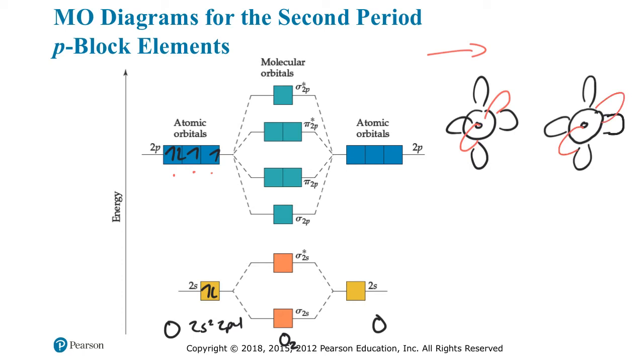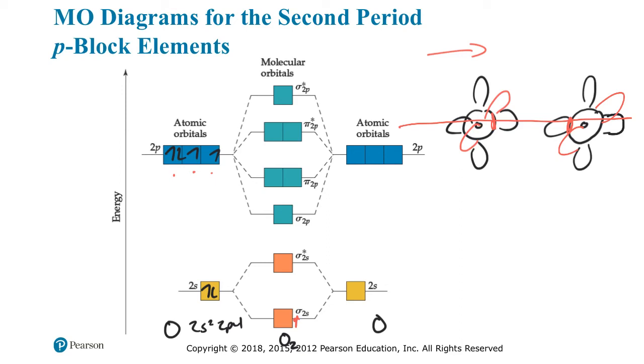Okay, so think about the overlap that we get. The 2s orbitals are going to overlap in that sigma type sense along the bond axis. So the oxygens are coming together, their nuclei are coming together. The s orbitals have sigma type overlap. They're overlapping in a way that the overlap is symmetrical about the bond axis. So we get a sigma 2s orbital and a sigma star 2s orbital.